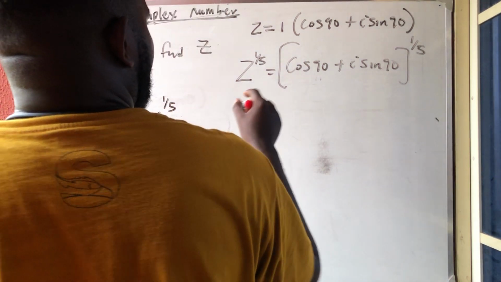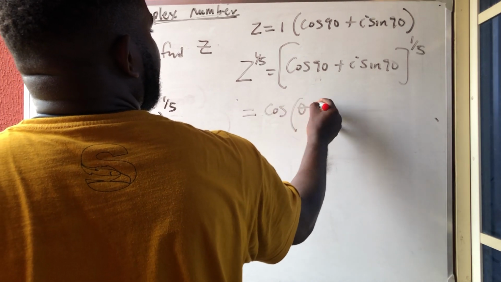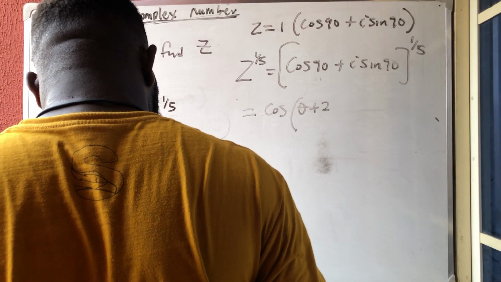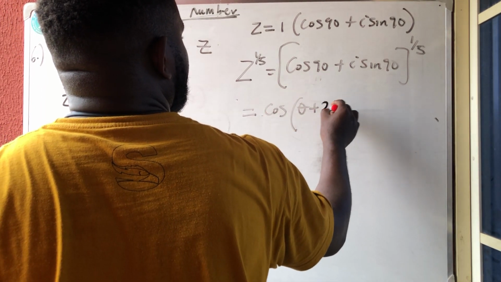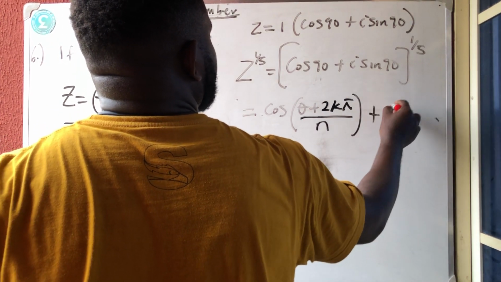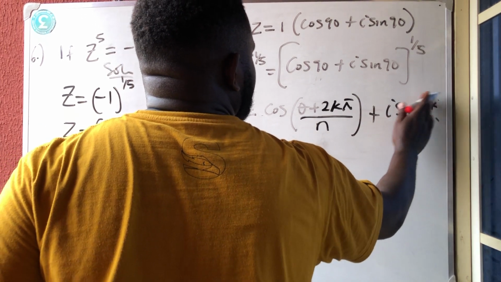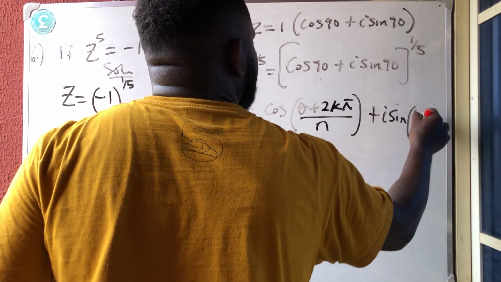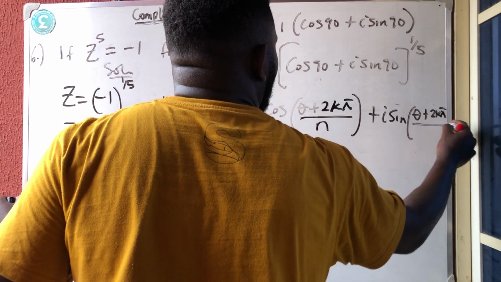Don't forget that this will be equal to cos of theta plus 2k pi all over n, plus i sin of theta plus 2k pi all over n.